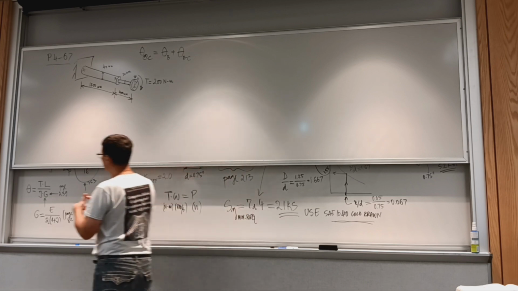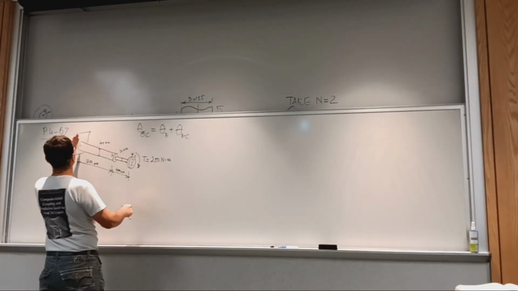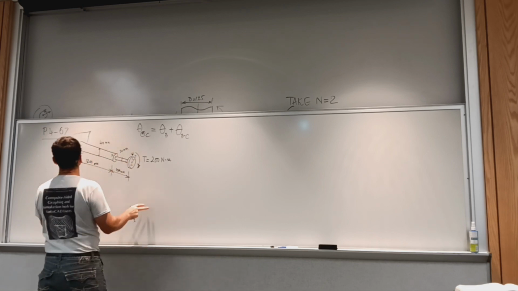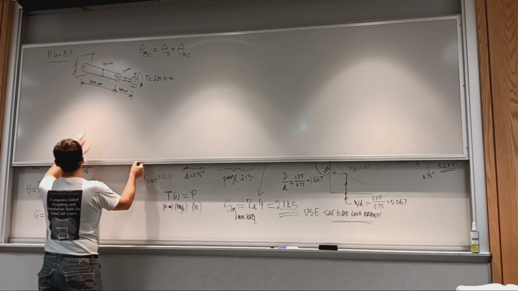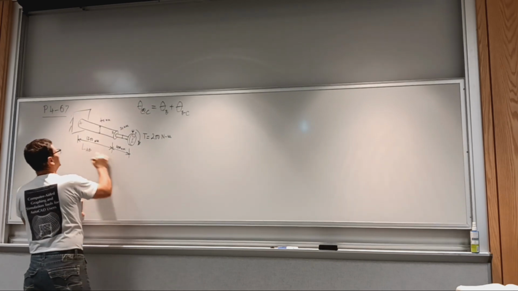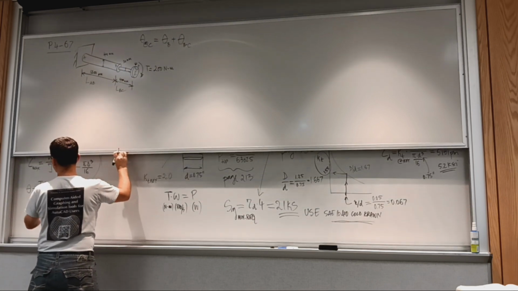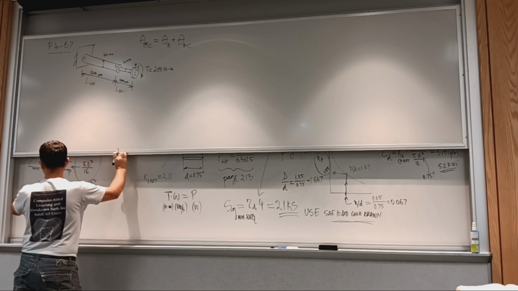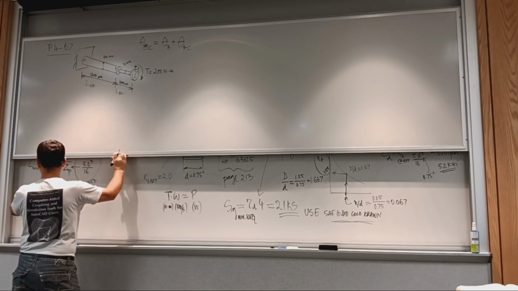We have the torque, and by the way, the torque is the same everywhere, clearly. Any portion of the shaft is subject to the same torque. And then we have the respective lengths. So this will be LAB, and this is LBC. The material is the same. The polar moment of inertia changes because we have different diameters.